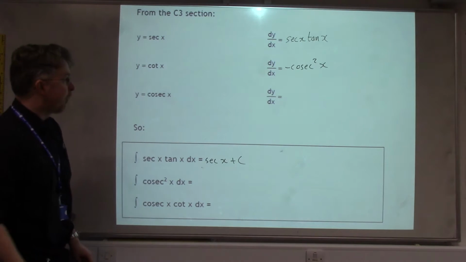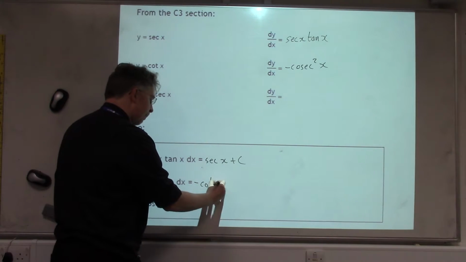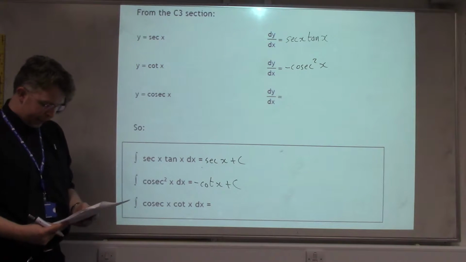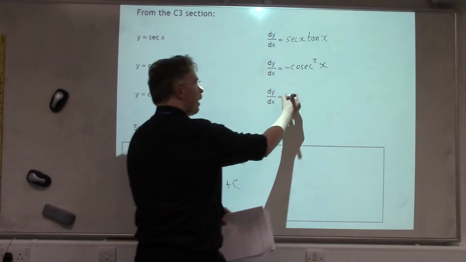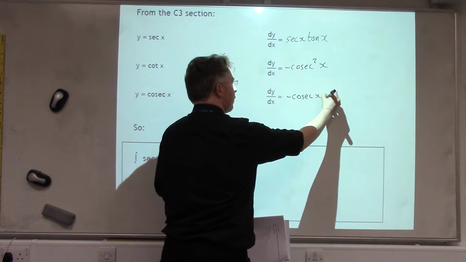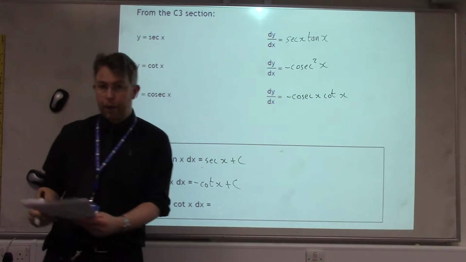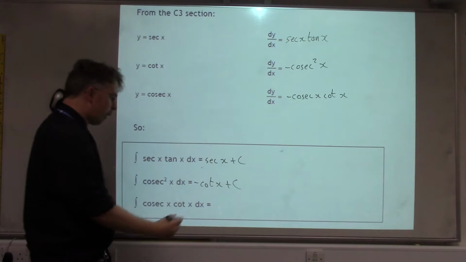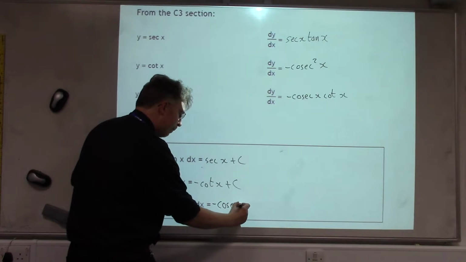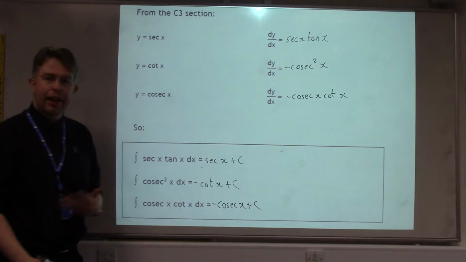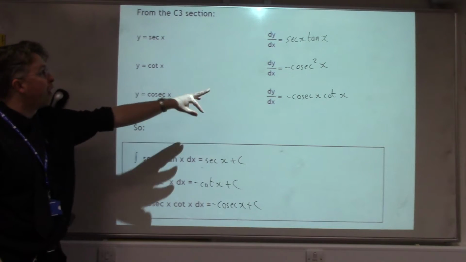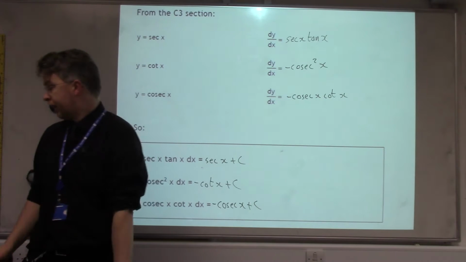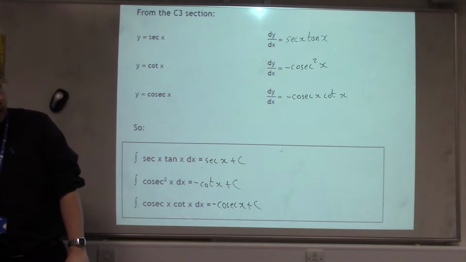So cosec squared x integrates to minus cot x plus c. And cosec x differentiates to minus cosec x cot x from the formula booklet, and therefore cosec x cot x integrates to minus cosec x plus c. So again, you don't need to remember these, but you do need to remember the relationship, so that you can look up in the C3 section, reversing back to that for the C4 usage.